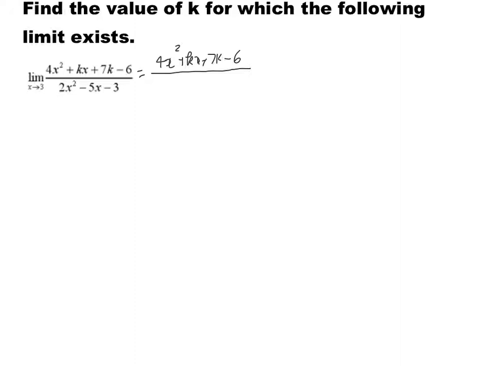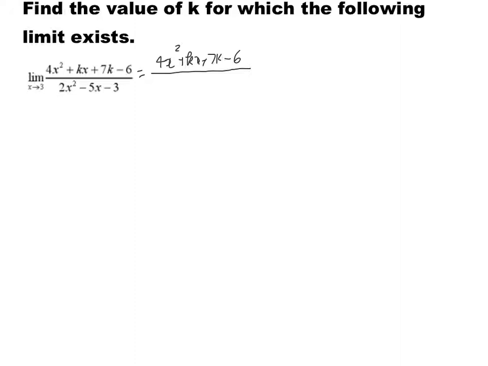For the denominator, the leading coefficient is not equal to 1, so I have to use the decomposition method. We know that a is 2, b is negative 5, and c is negative 3.